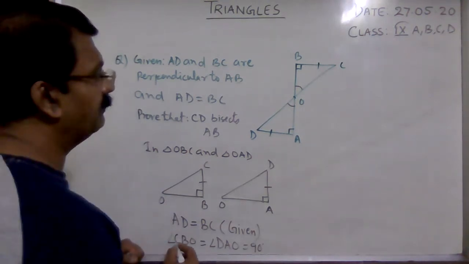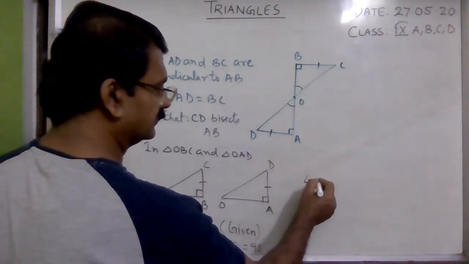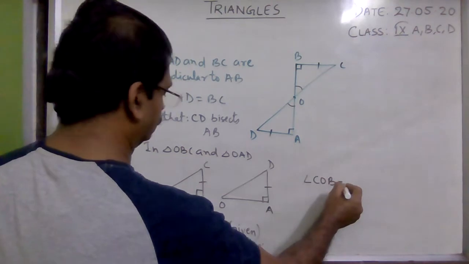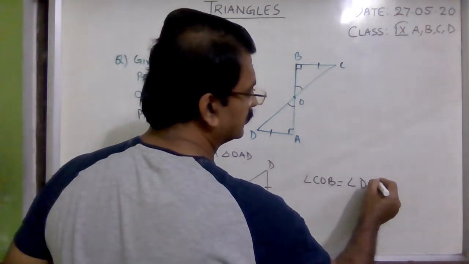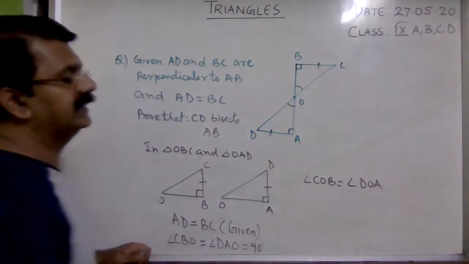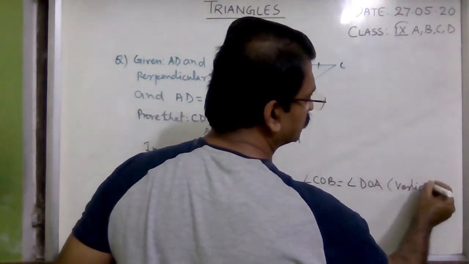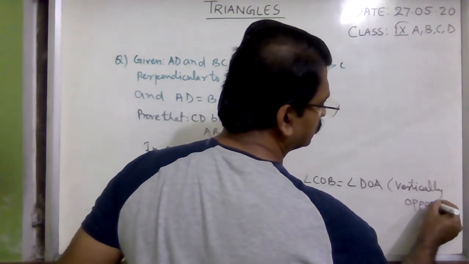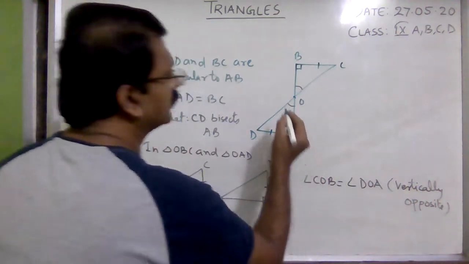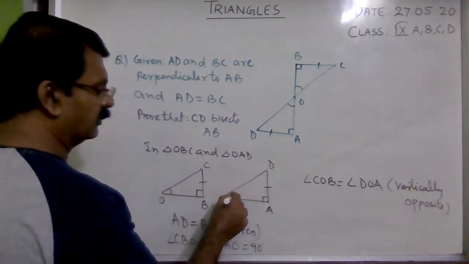So we can say angle COB is equal to angle DOA, and the reason you will write is that they are vertically opposite. These angles are vertically opposite, so they are equal.